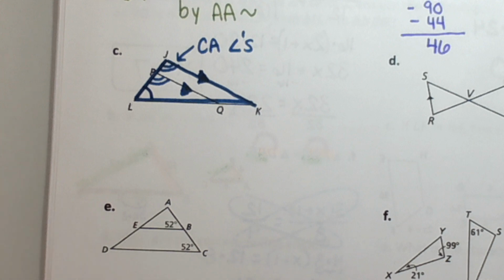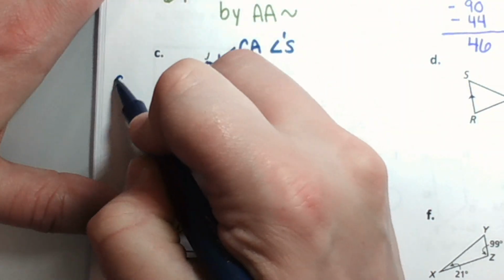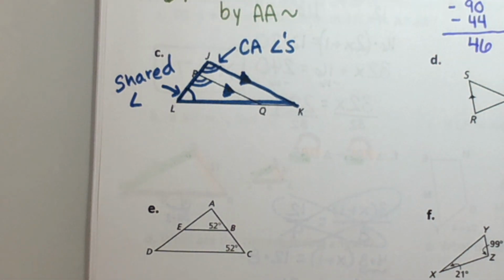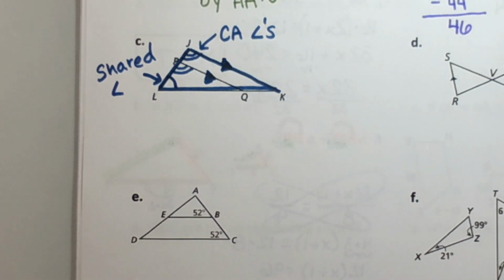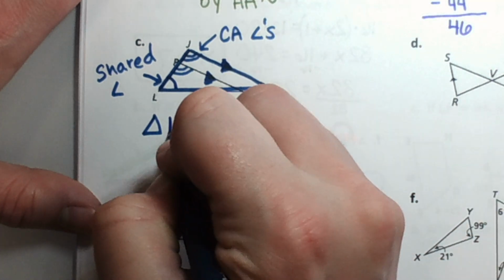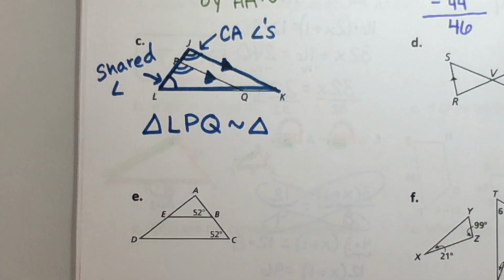That gives us two pairs of congruent angles between the shared angle and the corresponding angles. So, I have two pairs of congruent, so the triangles are similar. Let's say I call the small triangle LPQ. I could say it is similar to triangle... What's the big one gotta be called?